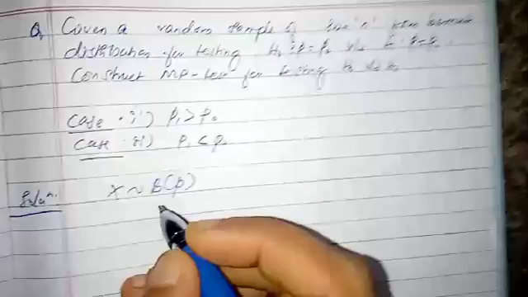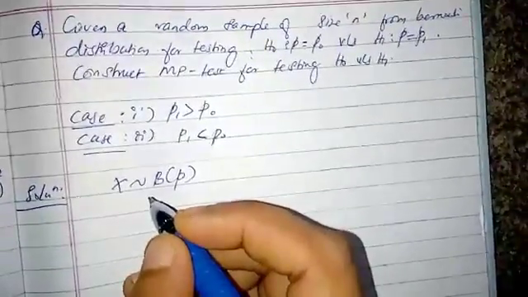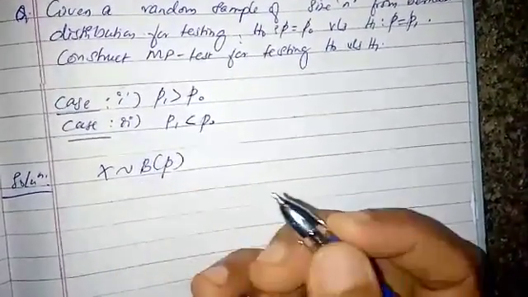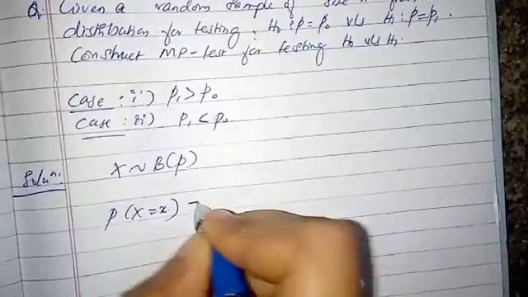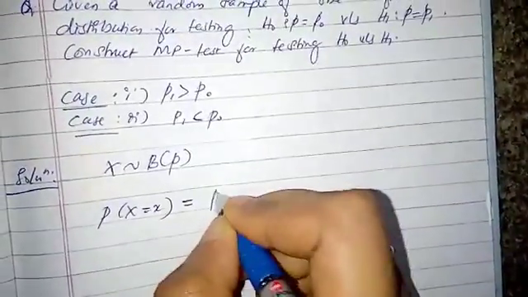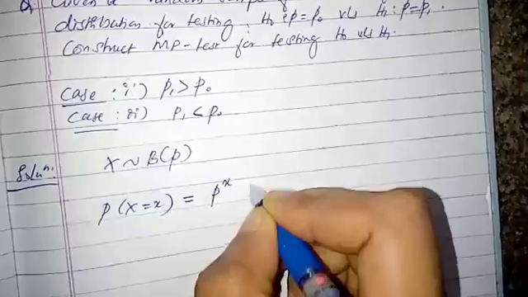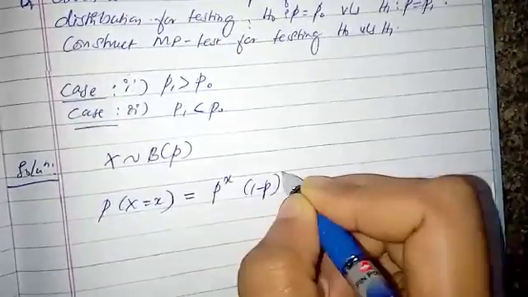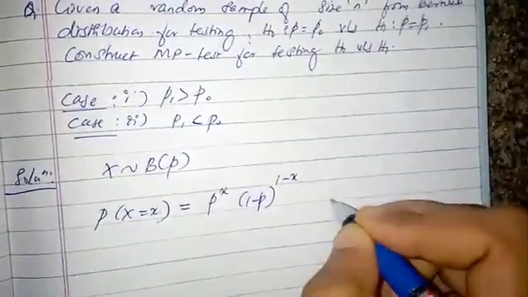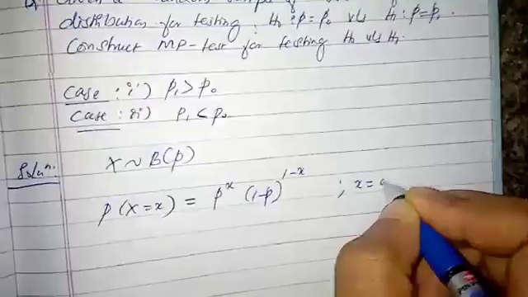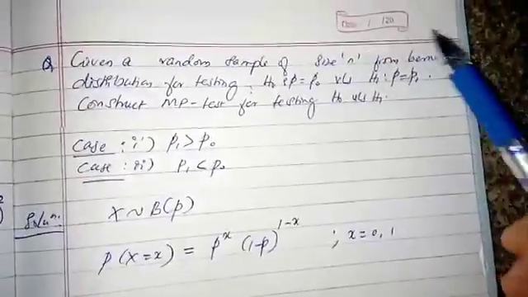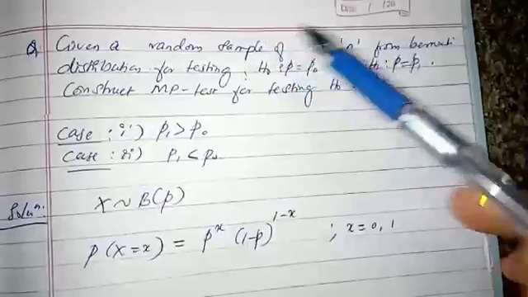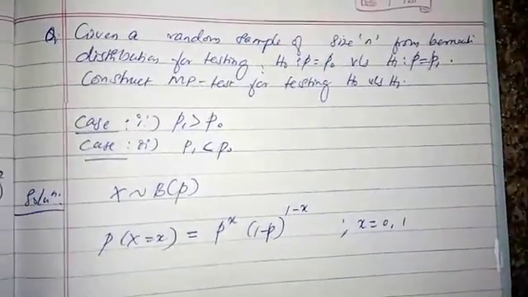The PMF of the Bernoulli distribution with parameter p is probability of X equal to x equals p power x times 1 minus p power 1 minus x, where x equals 0, 1. But in the problem it is given that it is a random sample of size n.